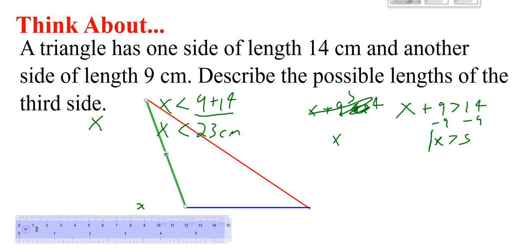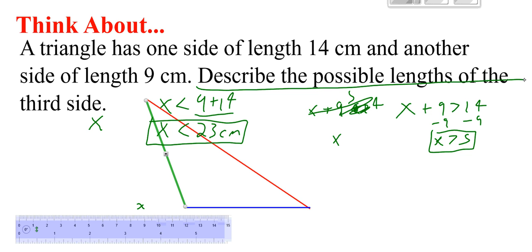Combining this idea with our previous idea, describe the possible lengths of the third side. Our third side being X, it's going to have to be greater than 5, but it can't be more than 23.